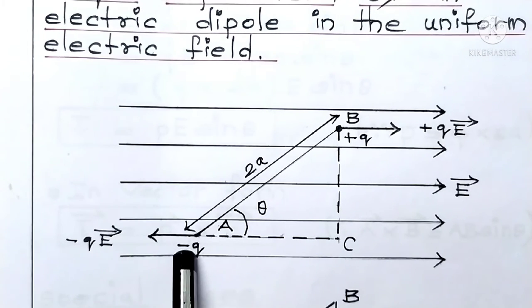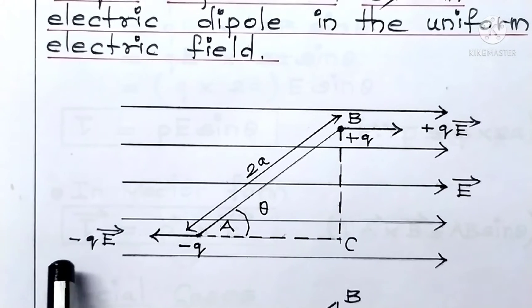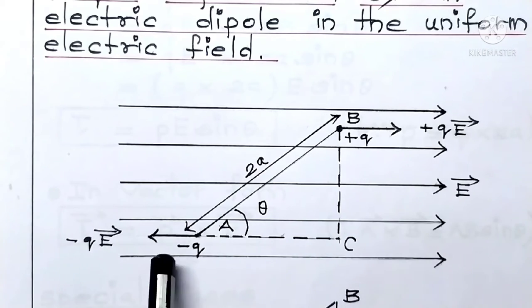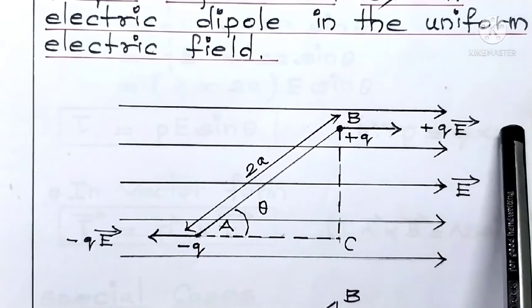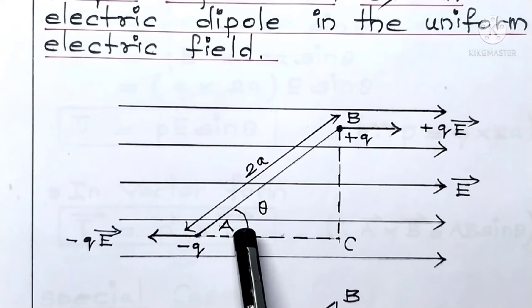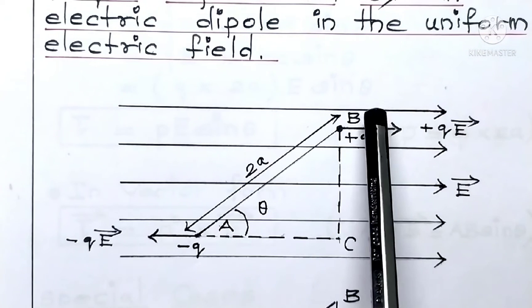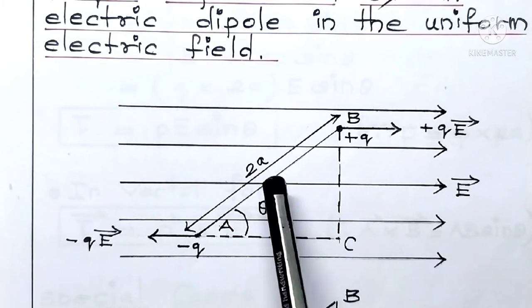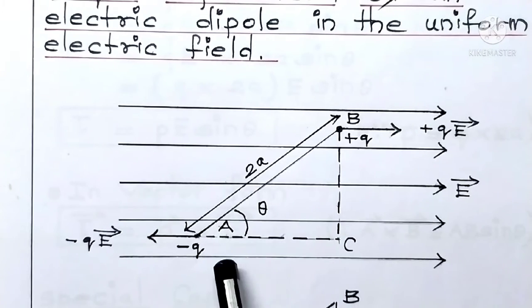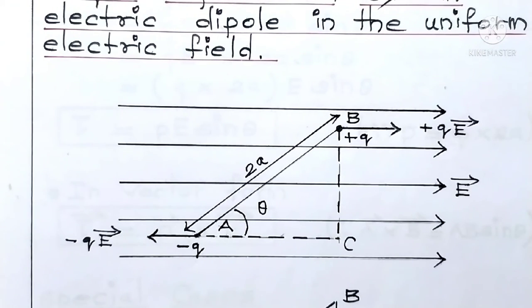Again at this point, another force is made which is minus qE vector. So in this case, these two forces are acting in the opposite direction and are also of the same magnitude. So they get cancelled. So on the whole, only a turning effect, a torque, is produced in this case.